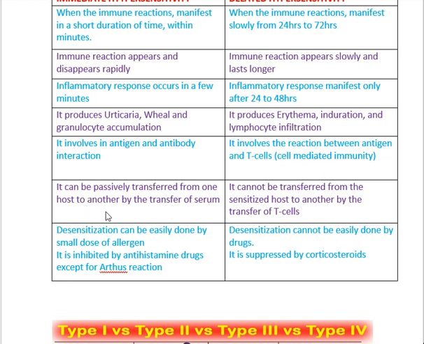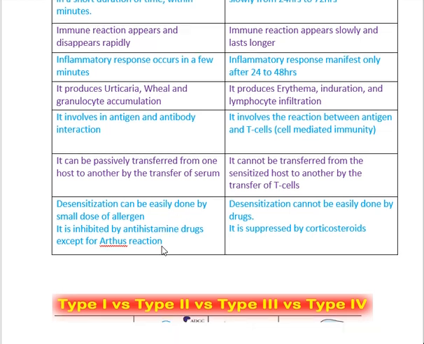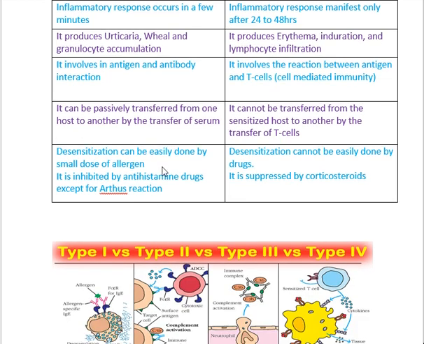Then the immediate type can be passively transferred from one host to another by the transfer of serum, but the delayed type cannot be transferred from the sensitized host to another except by the transfer of T cells. Desensitization can be easily done by a small dose of allergen in the immediate type, but desensitization cannot be easily done by drugs in the delayed type.